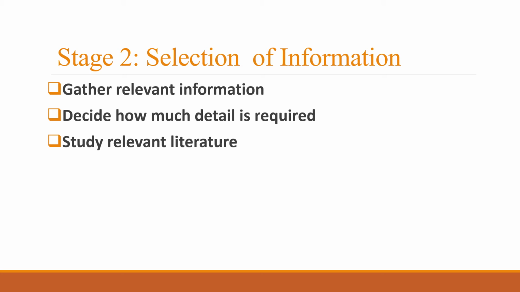When you get a lot, you have to make a selection, and in that selection you need to concentrate on what to include and what to drop, and that inclusion and dropping of material is based upon the purpose of the report writing. So you must be very clear about the information and also about the detail that is required there.